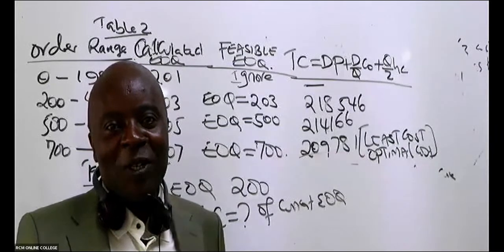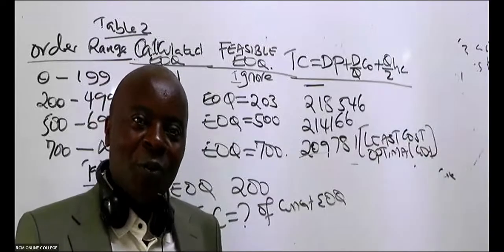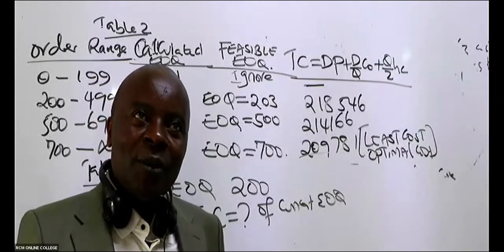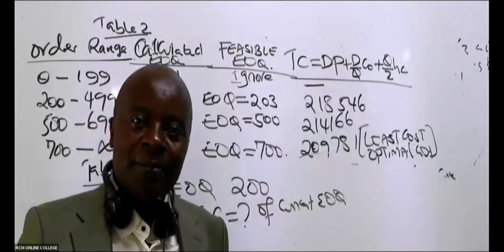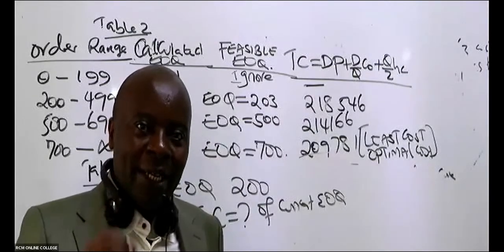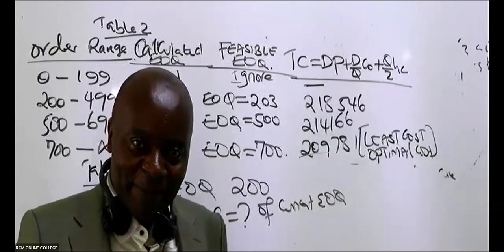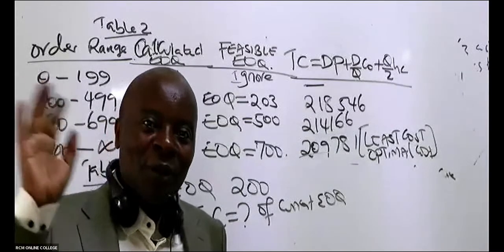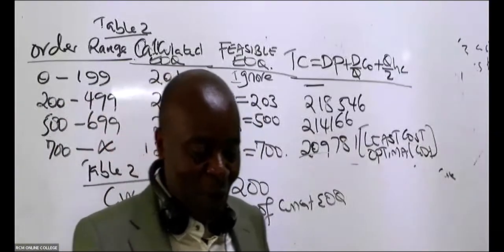Now, ladies and gentlemen, remember you're doing what we call cost accumulation, which is topic number 4. Number 1, I taught you the concept of stock levels. Do you still remember the formulas of stock levels?